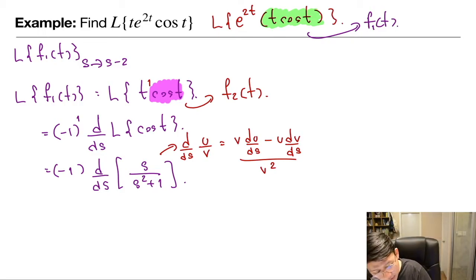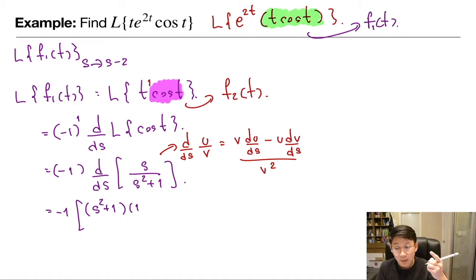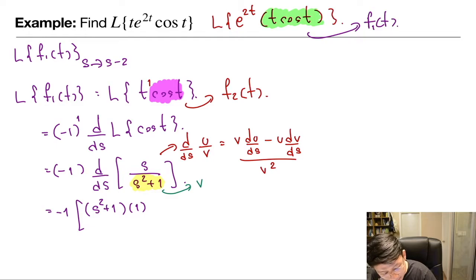Okay, so here we would have minus 1. Low d high is 1, is du by ds, right? So we look at this as v. Okay, it will be v, and this guy is u.